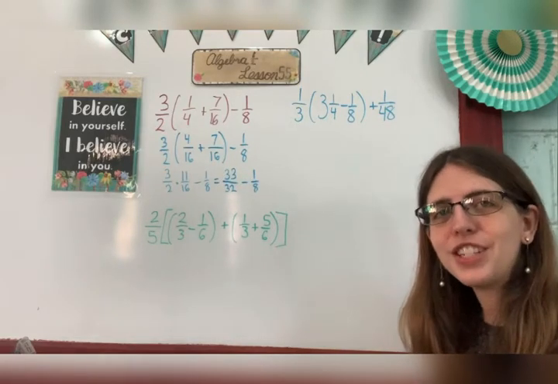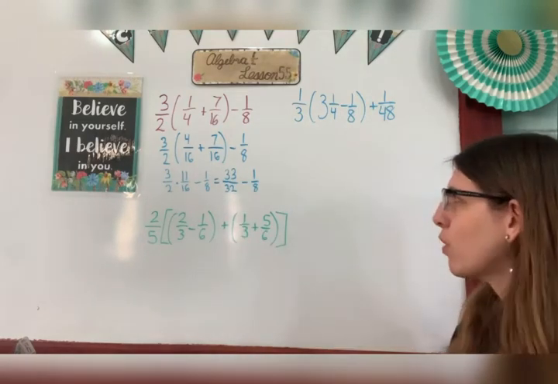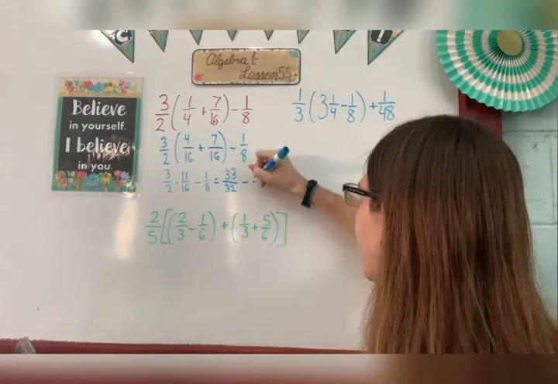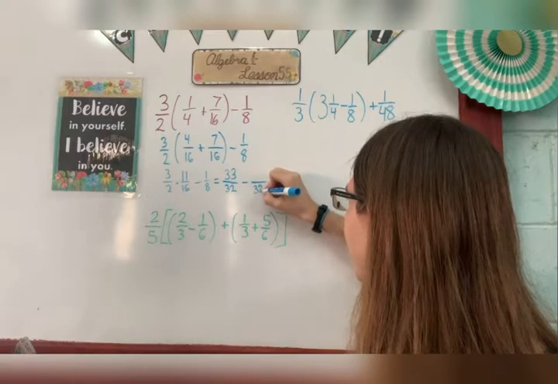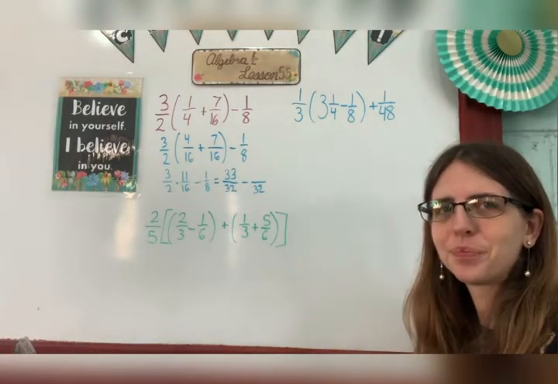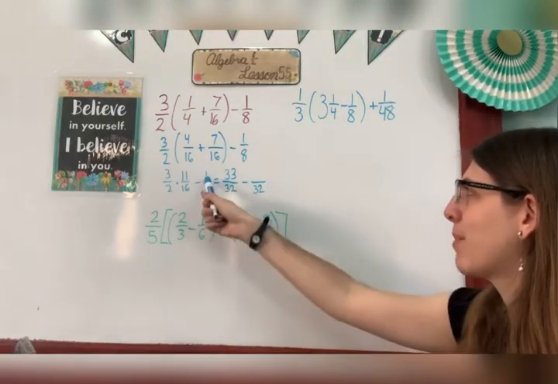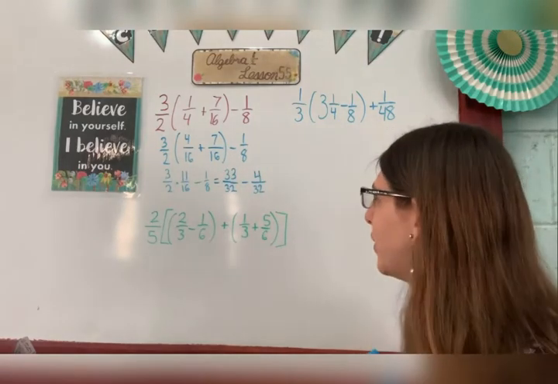It's 32, very good, because 32 is a multiple of 8. So I'm going to change my 1/8 so that it has a denominator of 32. What do I multiply 8 by to get to 32? 8 times 4, very good. So I also multiply my numerator by 4, so it gives me 4 over 32.